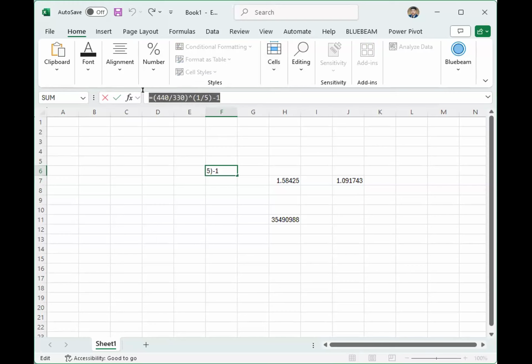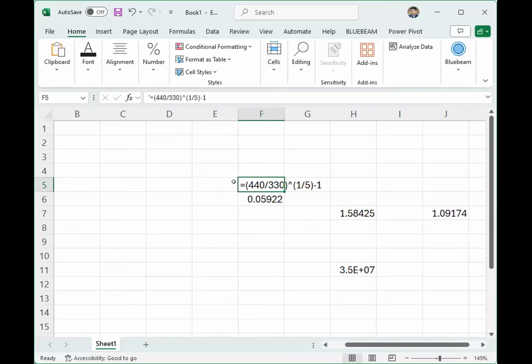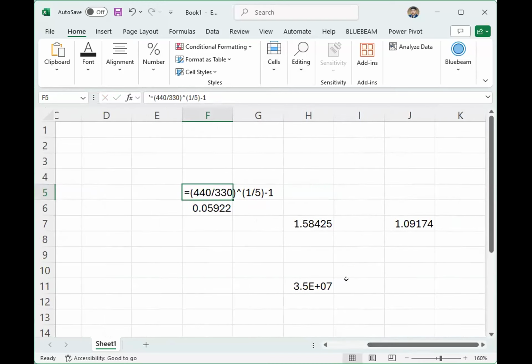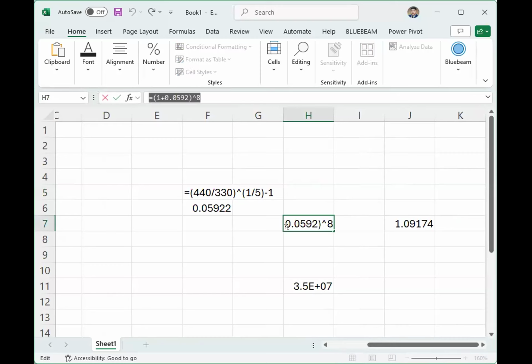So let me copy this one and put it in here, and you are able to see it. So that is the equation. Zoom in here to get it, and here is the equation for how to use it to find the time adjustment factor.